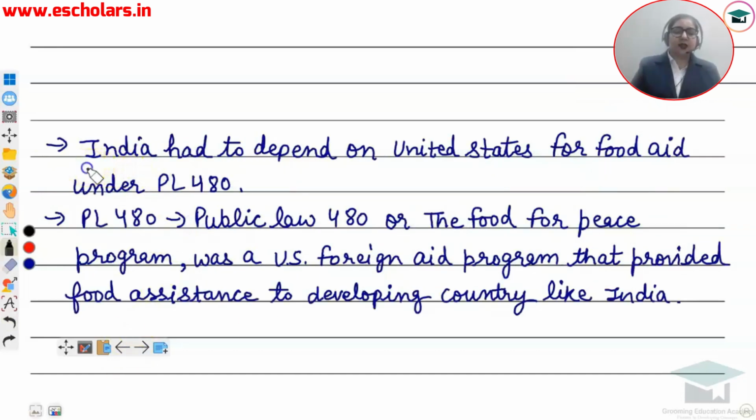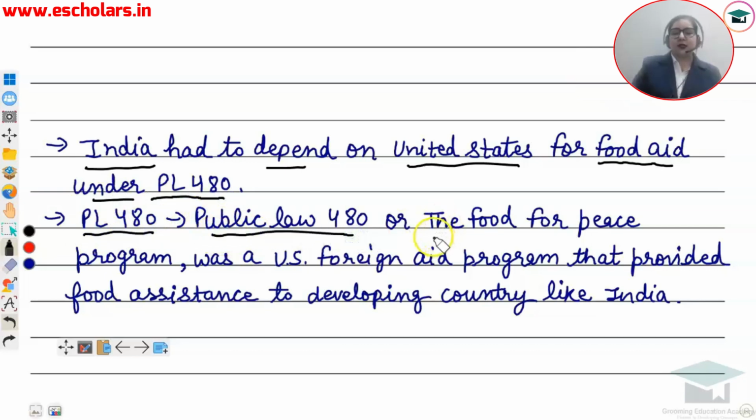Now students, India was not able to feed its entire population through its domestic production of food grains. So India had to depend on United States for food assistance, or you can say food aid, under PL 480. Now what is PL 480? It is basically the Public Law 480, or the Food for Peace program.